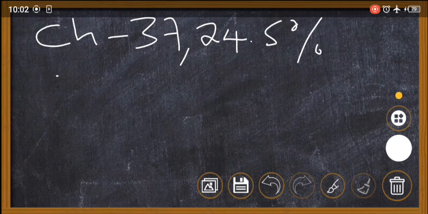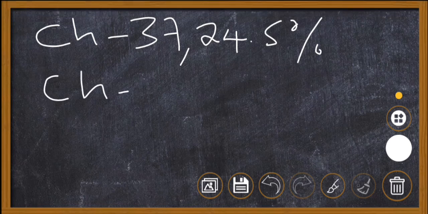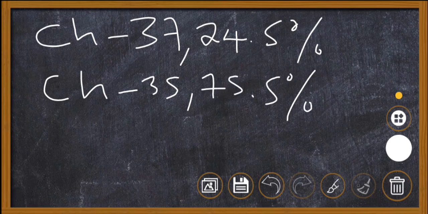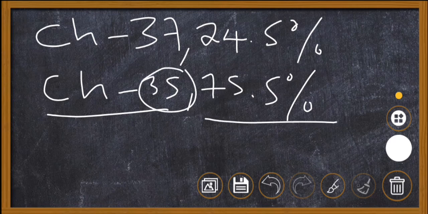And also chlorine-35, let's say it has a percentage of 75.5%. So chlorine-35 has this percentage, and chlorine-37 has this percentage.